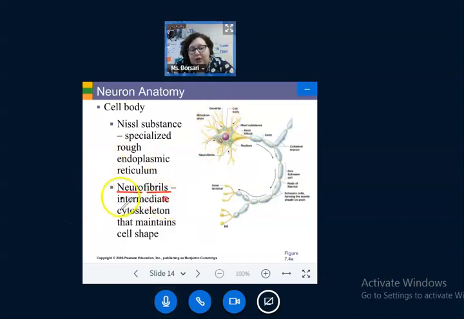These are very sturdy structures that maintain the cell's shape. The cell in this case is not an amoeba with no shape. It has to keep a certain structure, and it does that through those neurofibrils, which is basically the cell's skeleton.